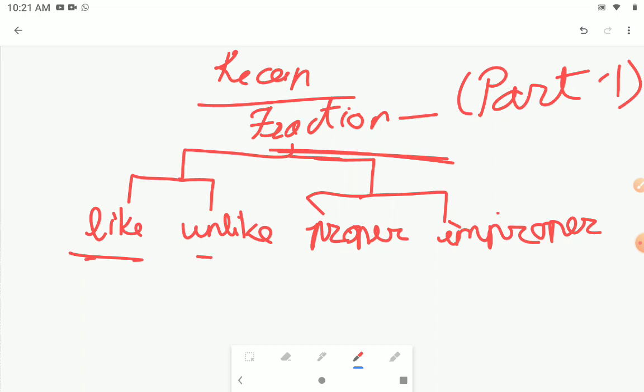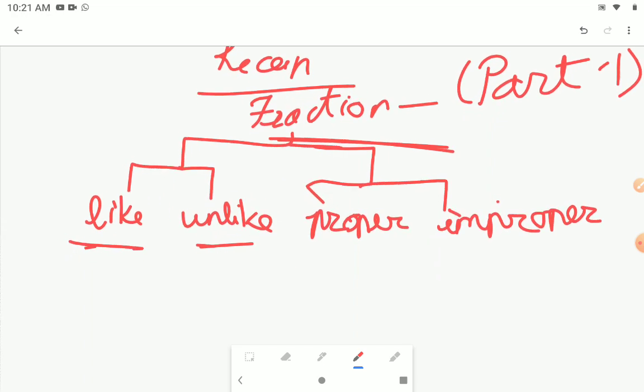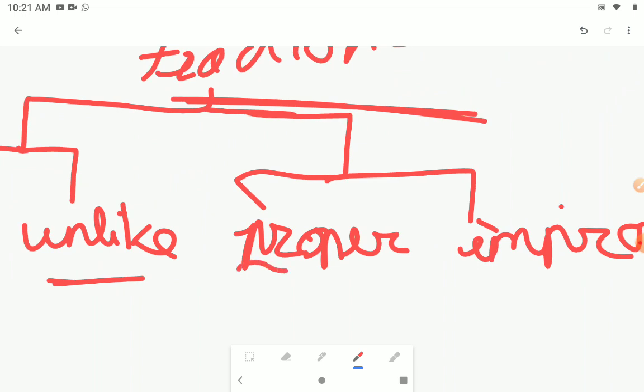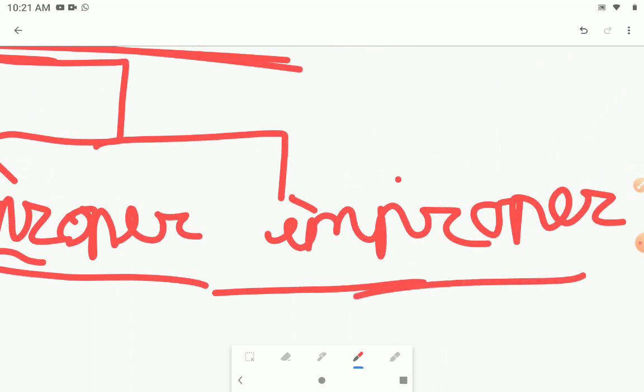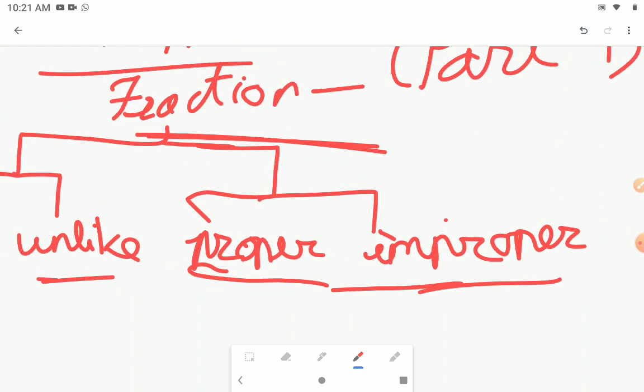Like fractions means all are same, and unlike fractions means all are not same. Proper fraction means the numerator is smaller than the denominator. Improper fraction means the denominator is smaller than the numerator. Over.